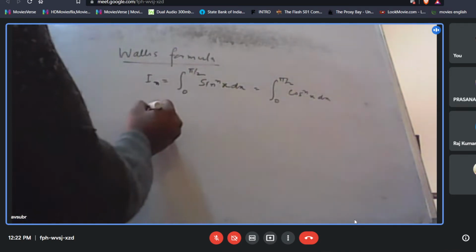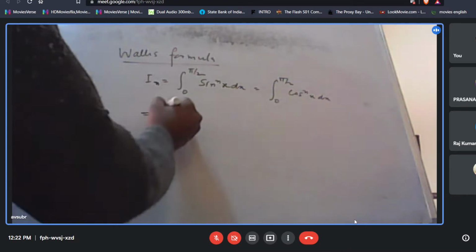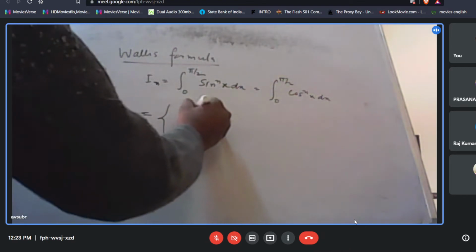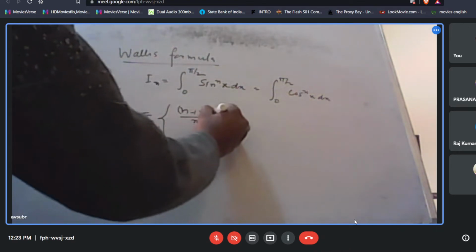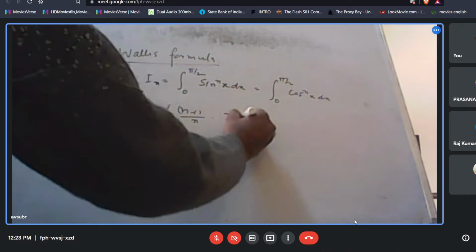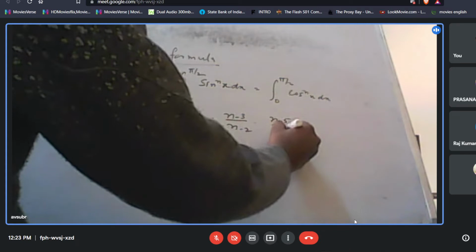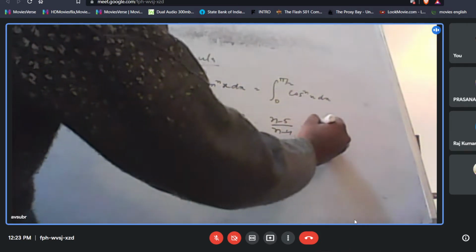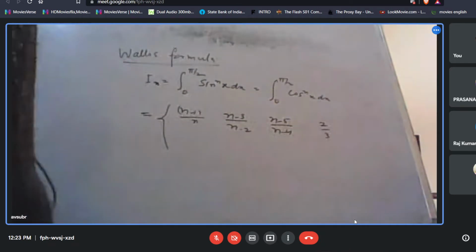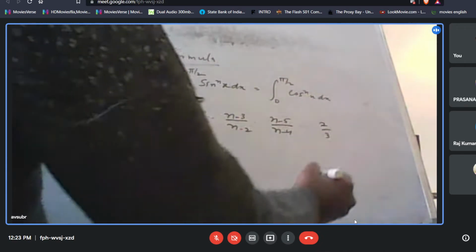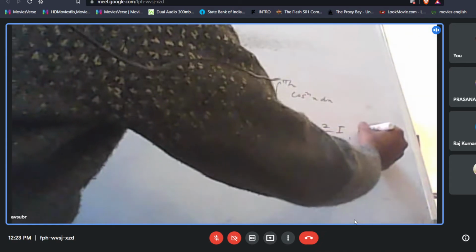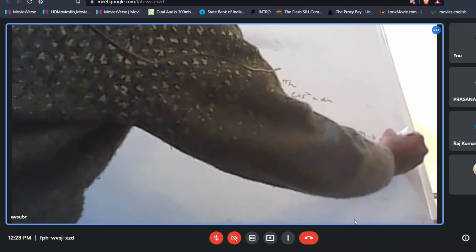Then the Wallis formula says that it can be written as (n minus 1)/n times (n minus 3)/(n minus 2) times (n minus 5)/(n minus 4), and so on and so forth, down to 2/3 into I1, when n is odd.